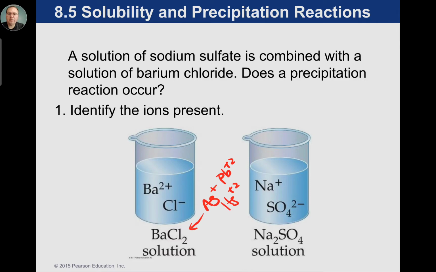But as long as we're not with silver, lead, or mercury, halides are just fine. And here we have barium with chloride, so we're perfectly water soluble. That means aq. Sodium is one of the magic 5. There's no exceptions to why sodium would ever be insoluble. It's always soluble. And because it's one of the magic 5, we know that it's aqueous.